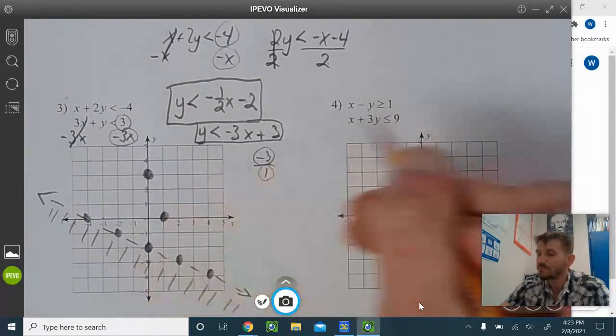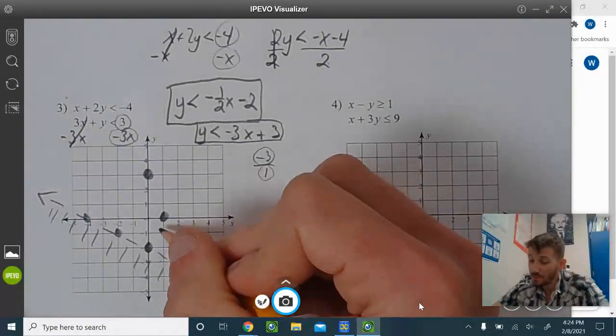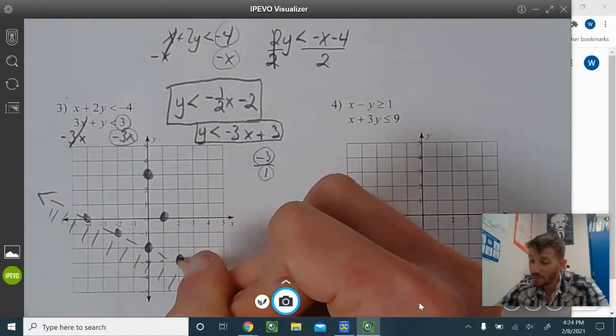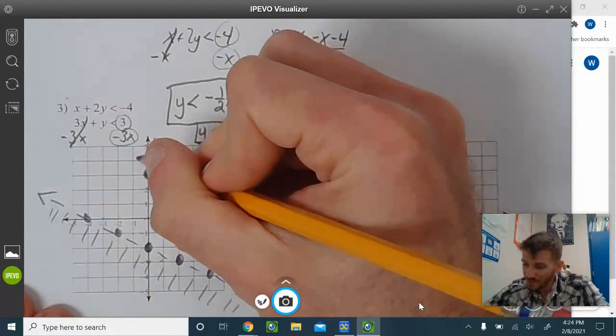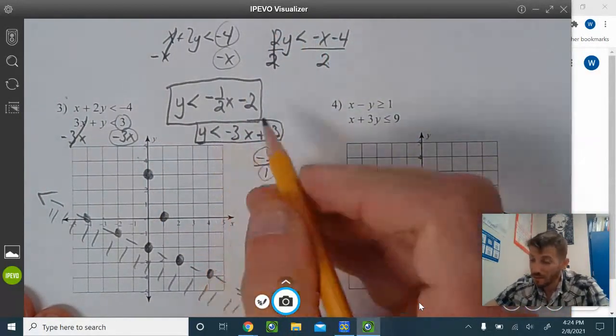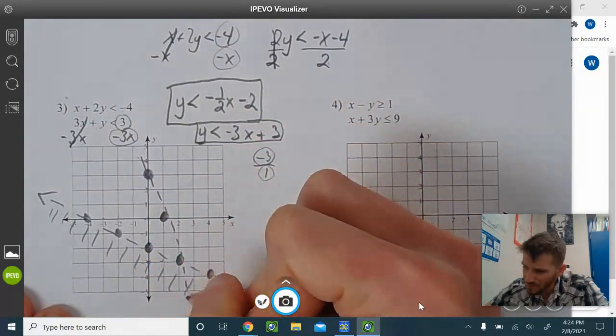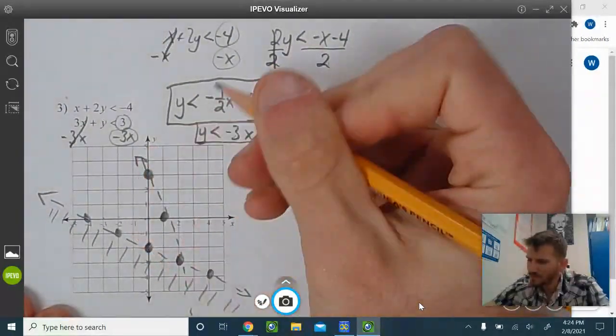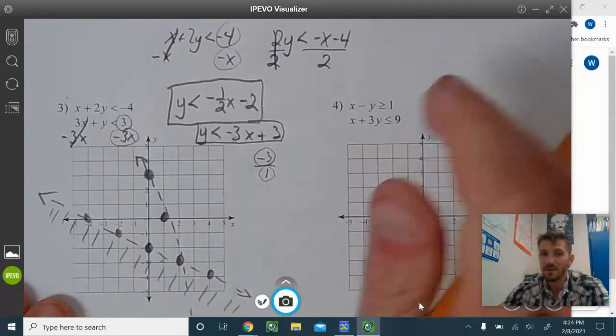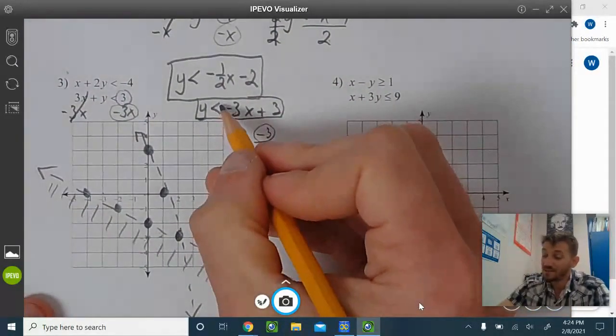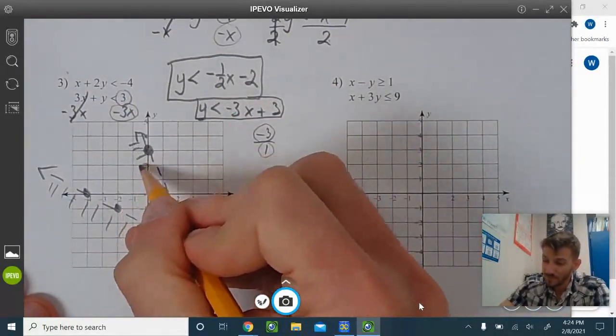I'm going to repeat that, down 3 to the right 1. So it's a dotted line again because it's not underlined. So down, dotted, dotted, dotted, all the way through there. Okay, that was an ugly straight line. And then it says less than, so we should be shading this way.